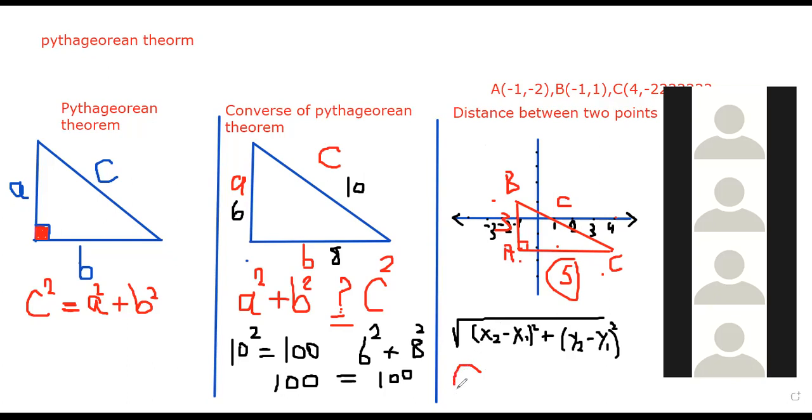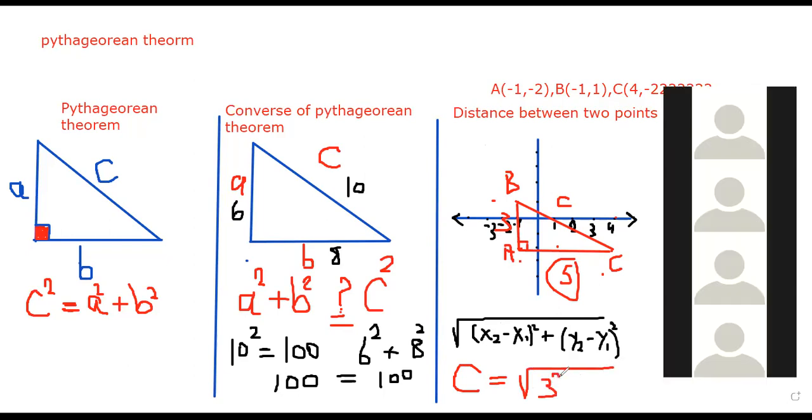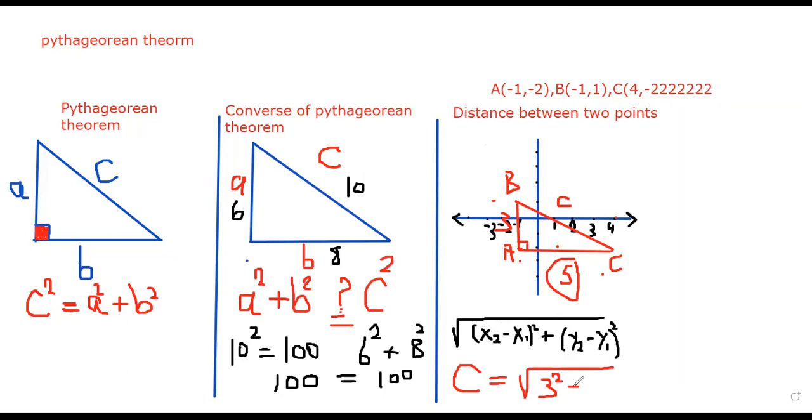C equals the square root of 3 to the power of 2 plus 5 to the power of 2.